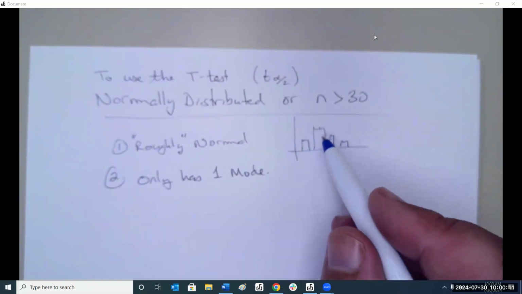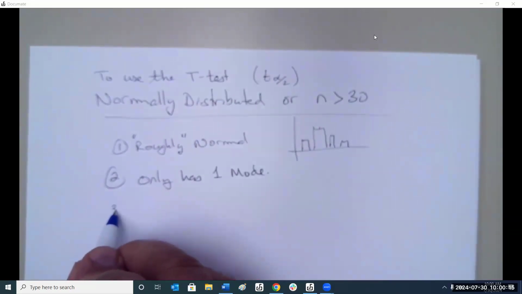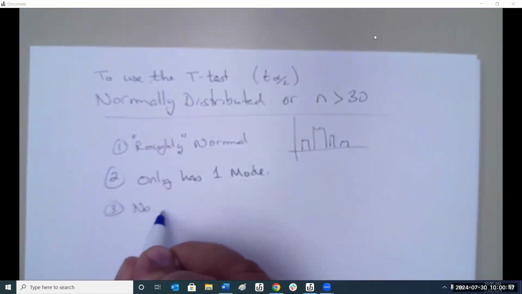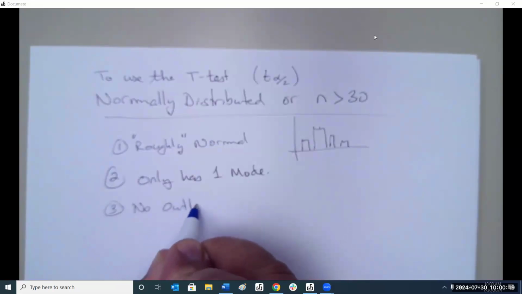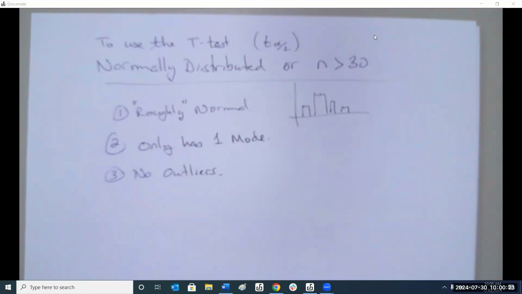We only have one tall one. And more importantly, no outliers. The reason for the no outliers requirement is because outliers drastically change our calculations.